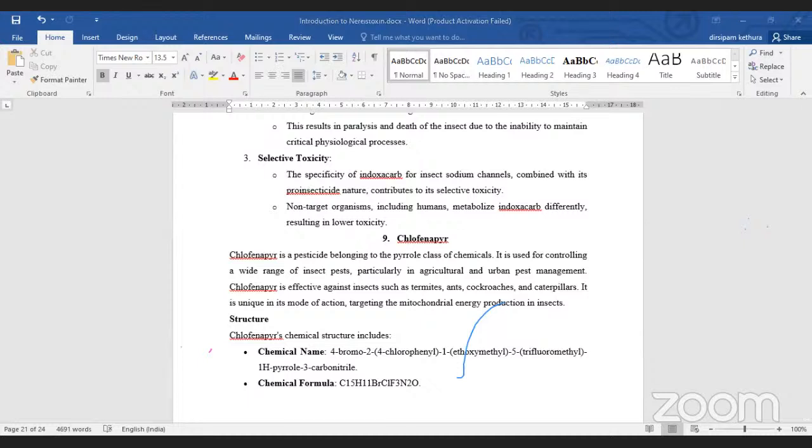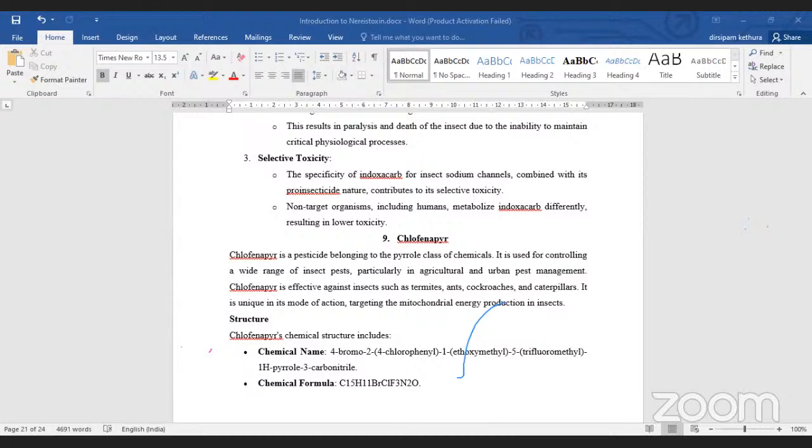Here we have covered a few important things under indoxacarb, where we have studied the importance of indoxacarb, which is an oxadiazine pesticide used to control pests.